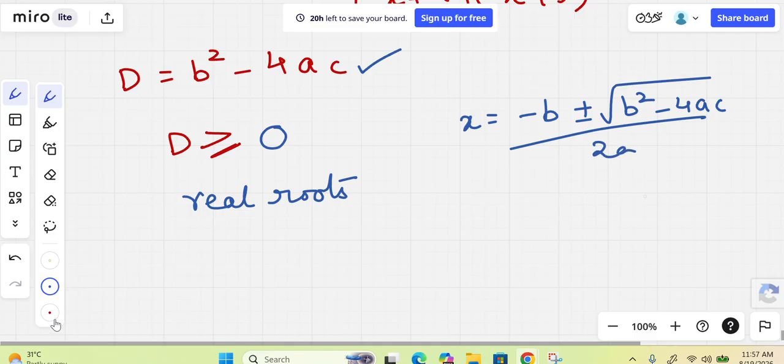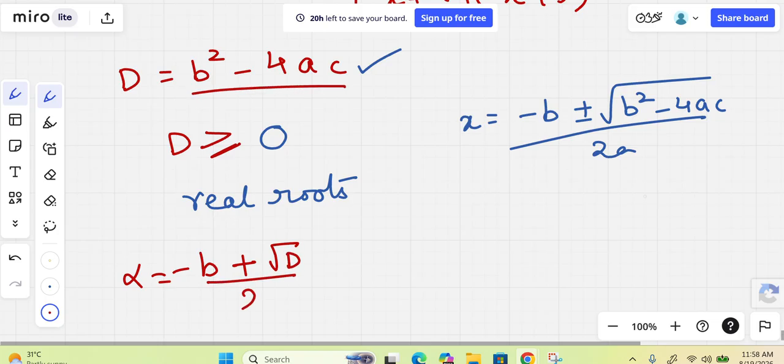Or you can remember alpha equal to minus b plus under root D by 2a, where D is b square minus 4ac. Beta is equal to minus b minus under root D by 2a. You can find the roots using this method.